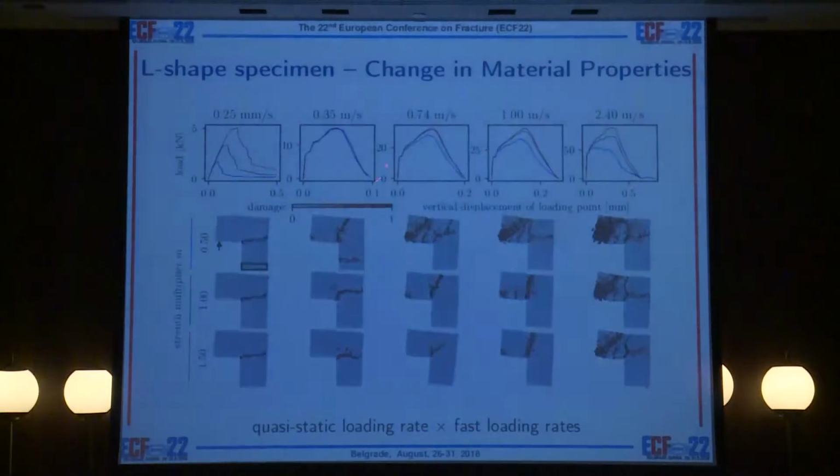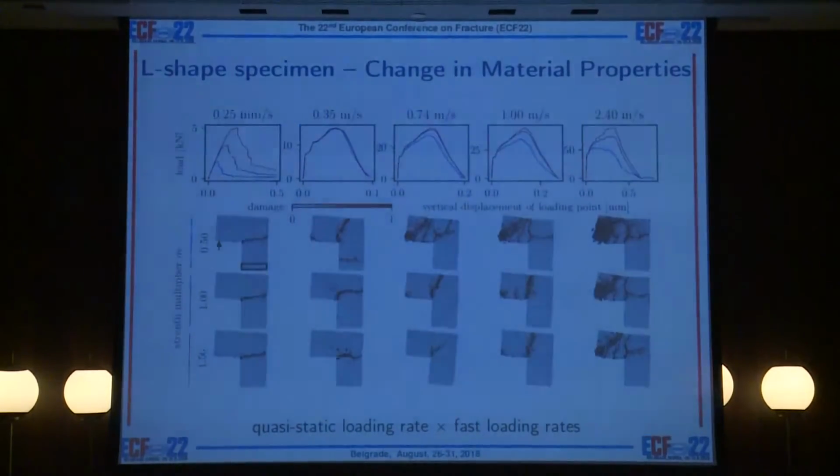If you have a look at the velocity 0.35 meters per second, you can see that there is almost no change in the load displacement curves, which means that the loading force is here dictated by the inertia and then the mass density.